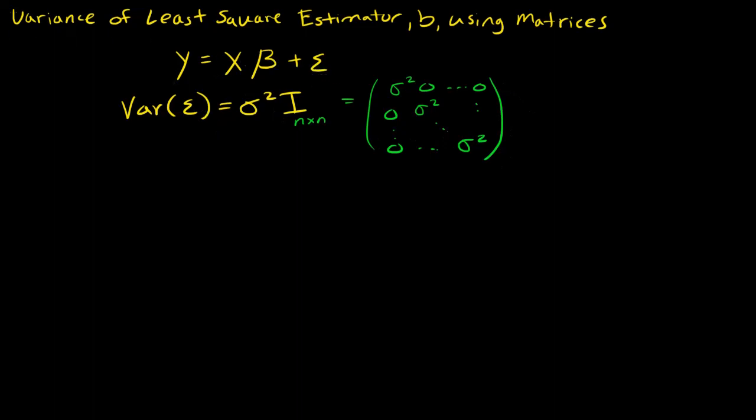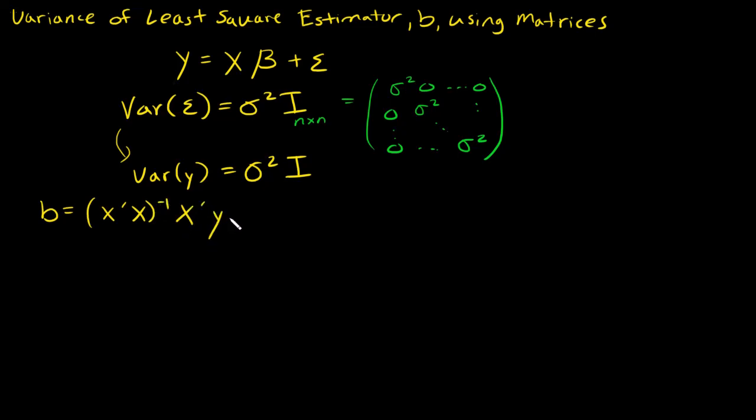And because X is non-random, this yields the result that the variance of y is also sigma squared times I. That directly follows from the variance of the model error term being sigma squared times I. Now, our least squares estimator is B, which equals X transpose X inverse times X transpose y.